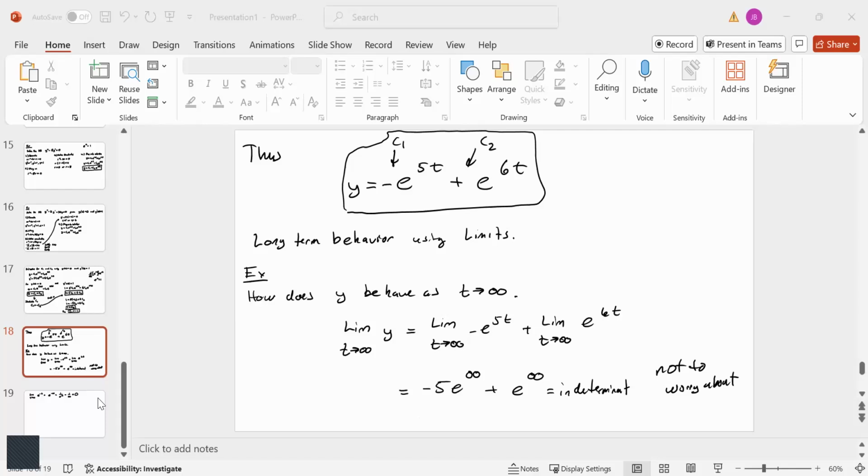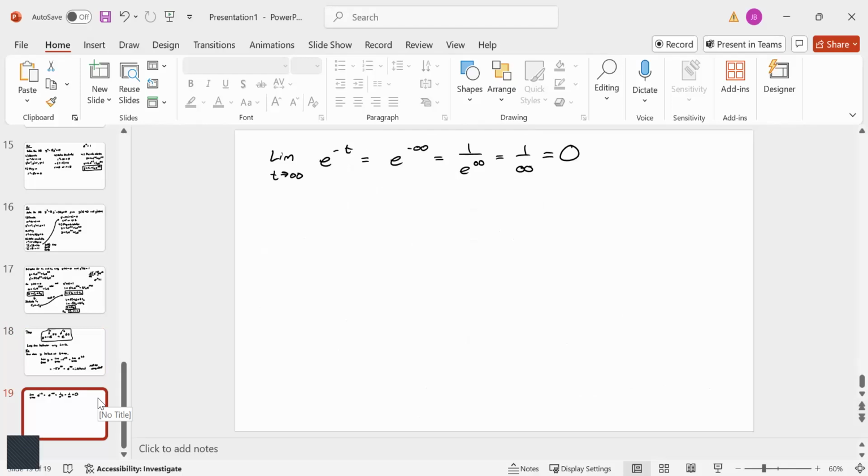One other thing, if you've gotten to 3.7 and 3.8, here's the beauty of it: you already know how to do 3.7. All that changes is that instead of a r squared plus b r plus c equal to 0, it is m x double prime plus beta x prime plus k x equals 0.